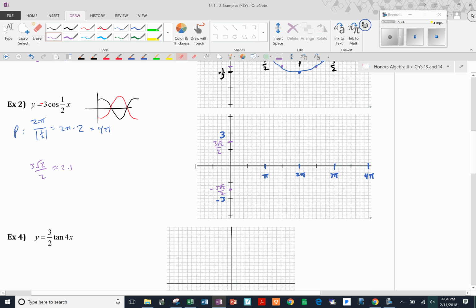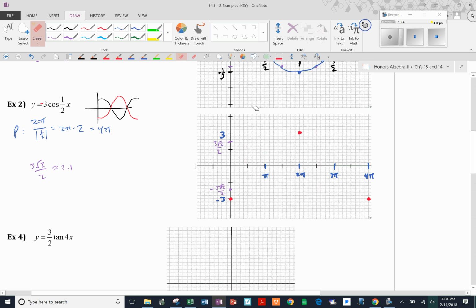All right. So it's negative cosine, so that means that we're starting here at the minimum, and we are going to end at the minimum in this one cycle, and halfway through it's going to hit its maximum. We're going to do a lot of application problems that are negative cosine problems, where something starts like a spring being let go, and it starts at its minimum, and then as the spring is let go, it goes past its equilibrium point up to its maximum, and then comes back down again.